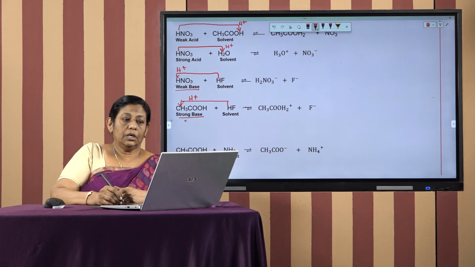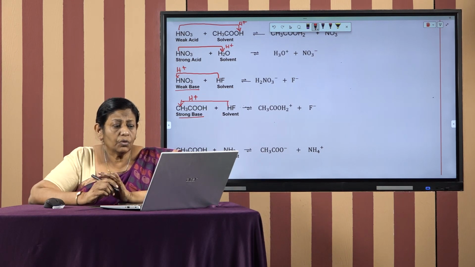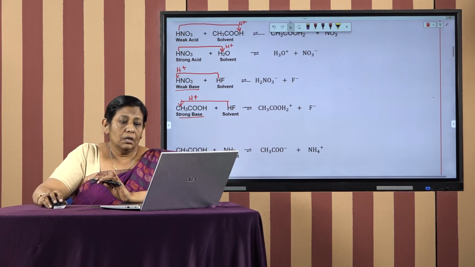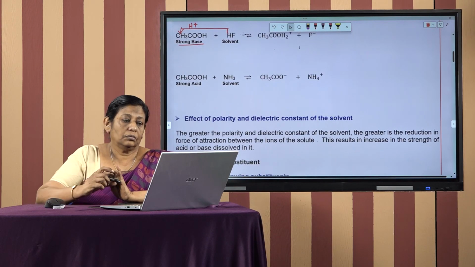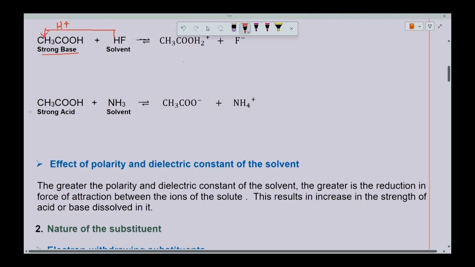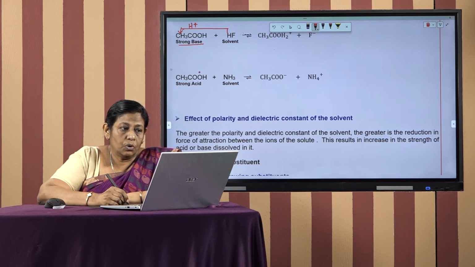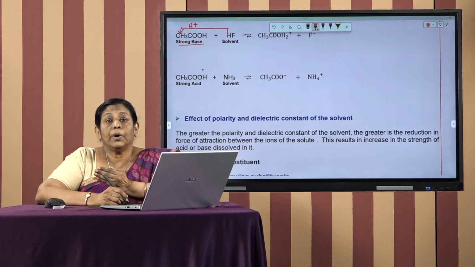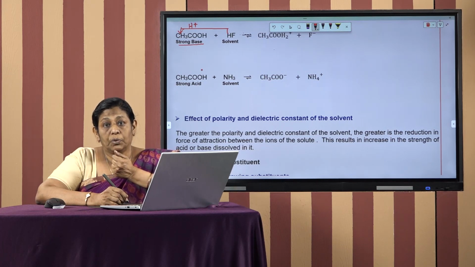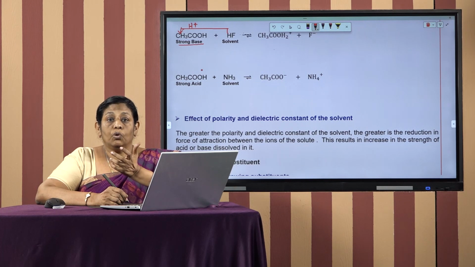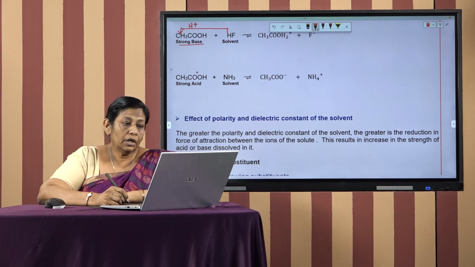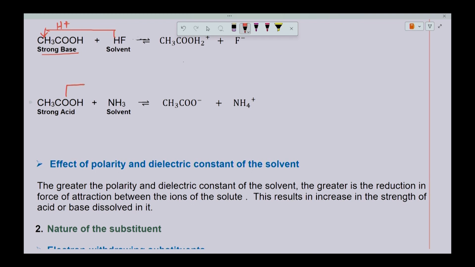So it becomes a base. Now, consider the same acetic acid in ammonia. Ammonia is a base and is ready to accept a proton. Acetic acid is a weak acid in water with a tendency to donate a proton, but ammonia, compared to water, is craving a proton and accepts it more readily. Therefore, acetic acid easily donates its proton to ammonia.